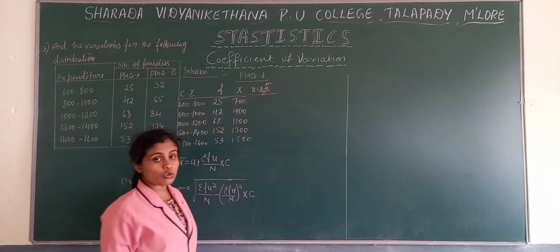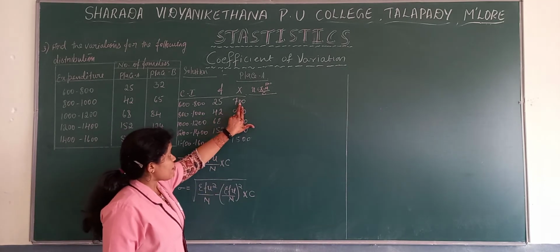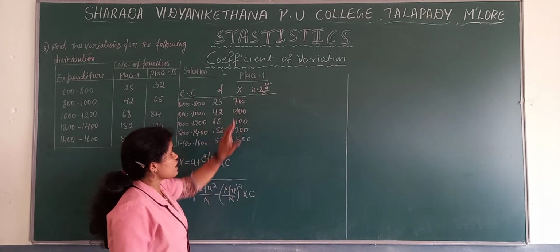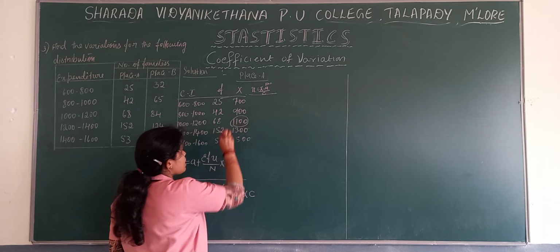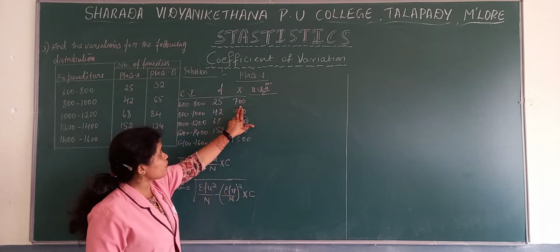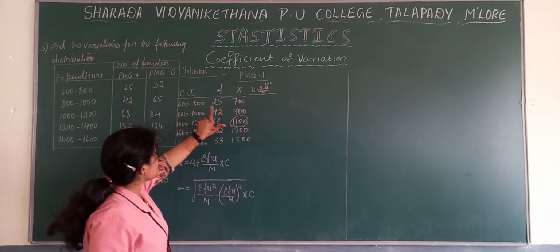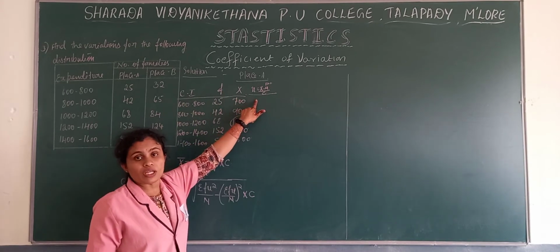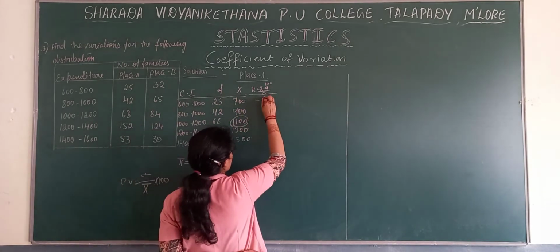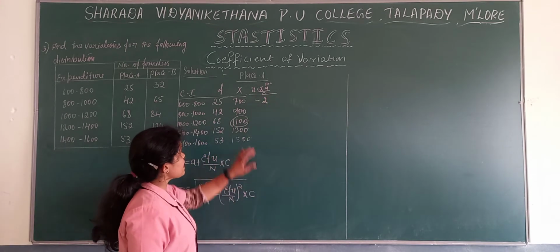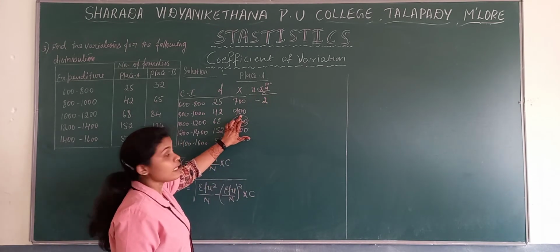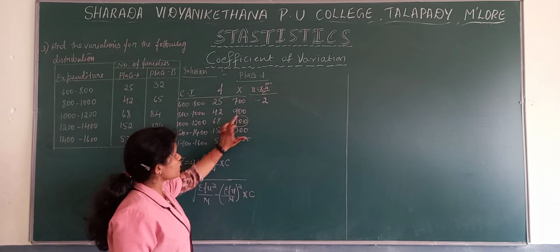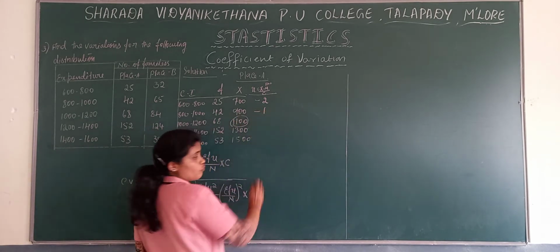Now we'll find out U. Here 700 minus 1100 divided by, what is the gap? Gap is 200, that is C. When we do so, here we get minus 2. Then next here 900 minus 1100 divided by 200, here we get minus 1.